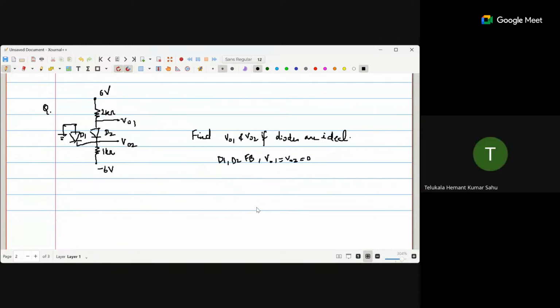Because according to the voltage divider circuit I have got the value, ma'am. That goes with the assumption that both of them are forward biased, correct? Only if D2 is forward biased can you consider it a voltage divider. Ma'am, but still the both voltages are same, right?